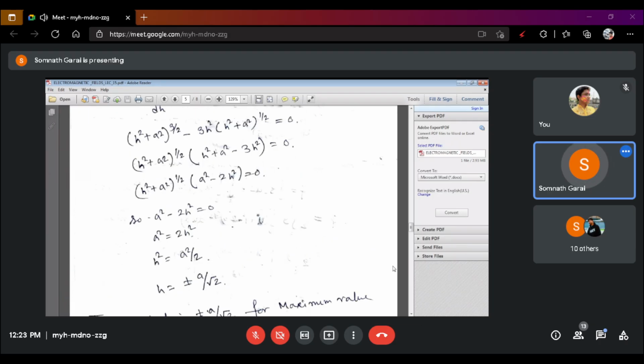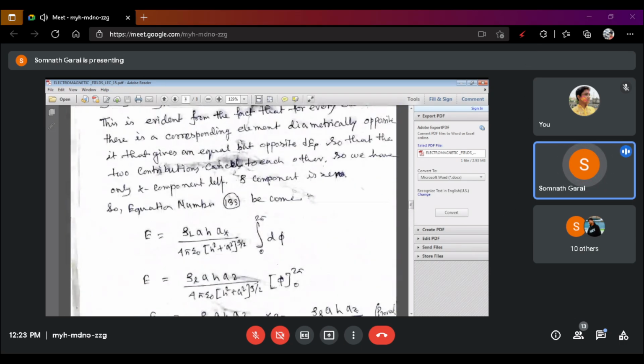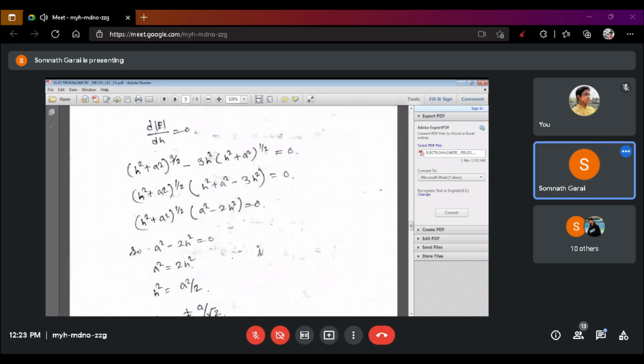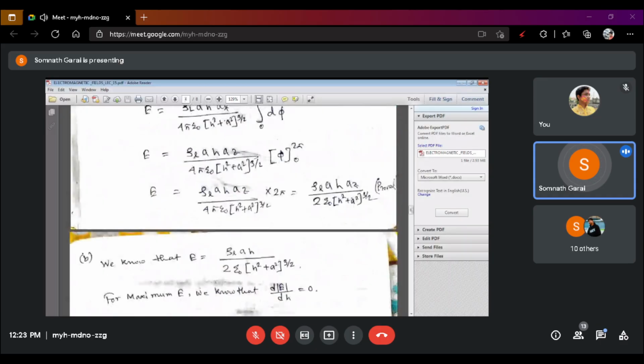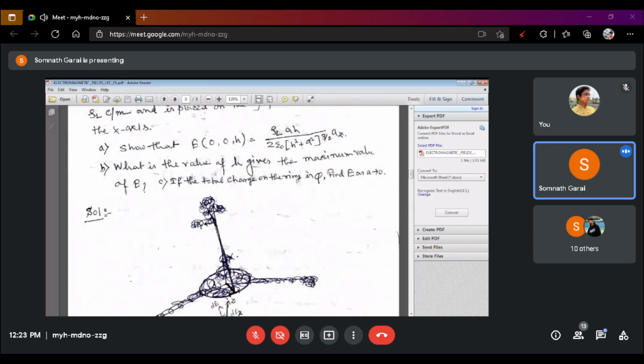Now, another part, the third part: if the total ring charge is Q, find the electric field intensity E as A tends to 0.